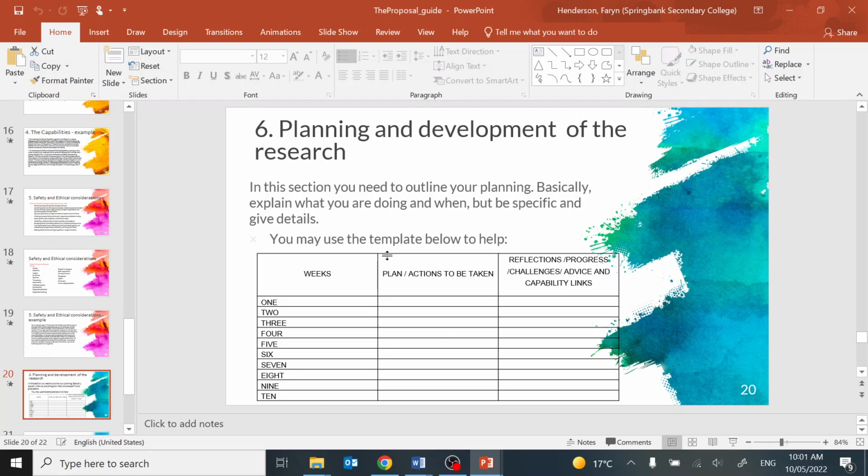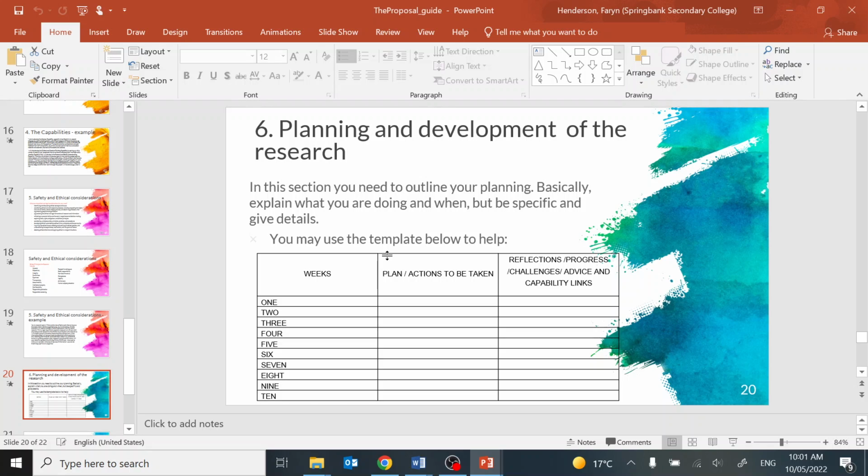You can just go term 2, weeks 4 to 5, 4 to 6, I plan to do this, this, and this. Again, being specific and giving detail is where it's going to help you. And actually developing that plan gives you a bit more of a timeline, which is really, really useful.